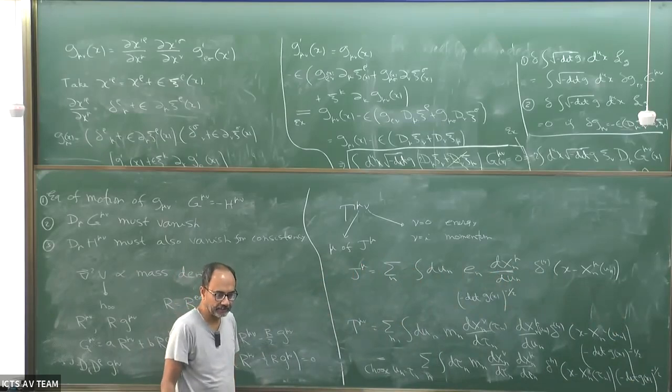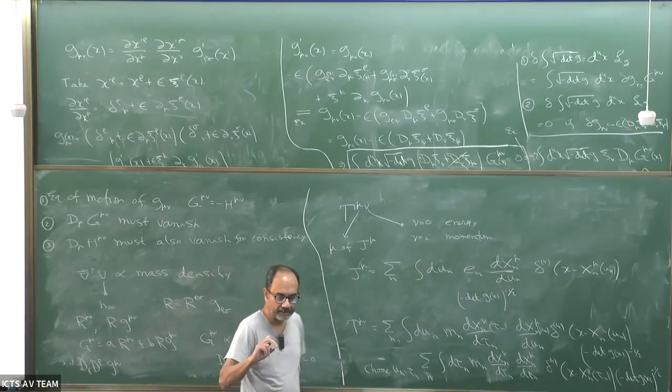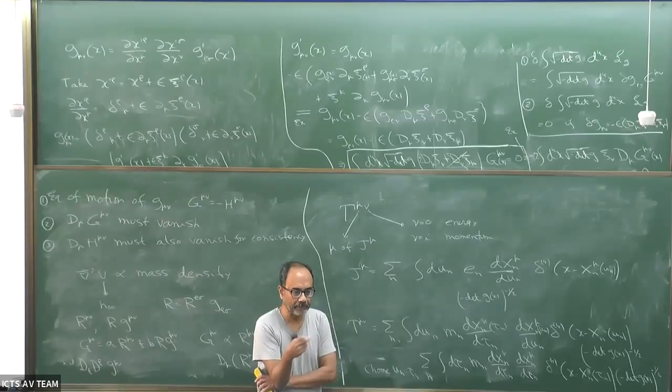At a particular value of u_n there is a tau_n, and we have to reference it with respect to that tau_n.